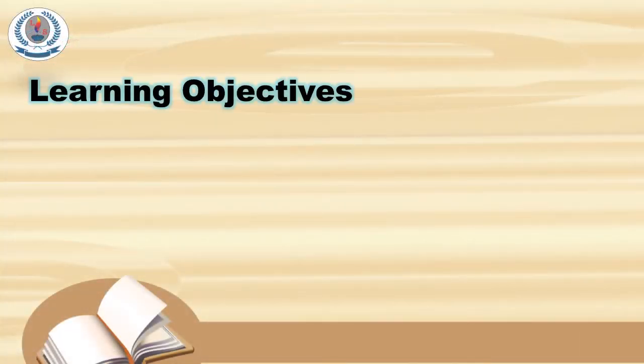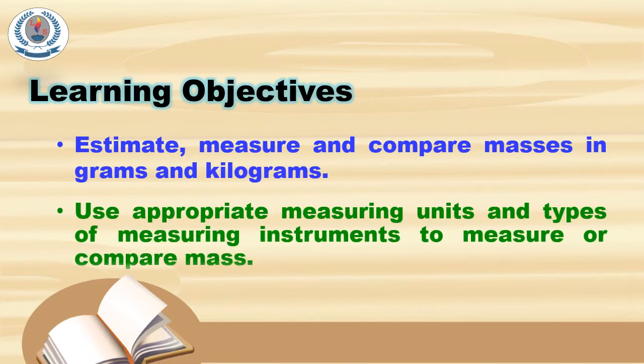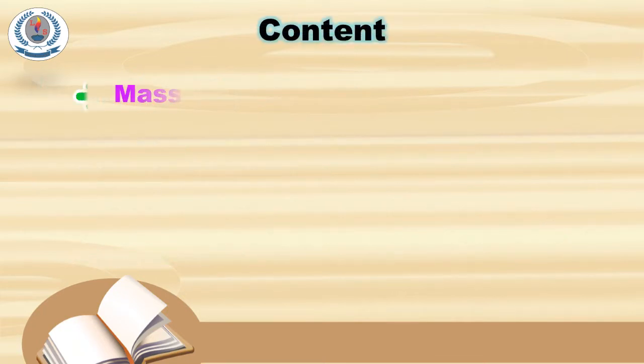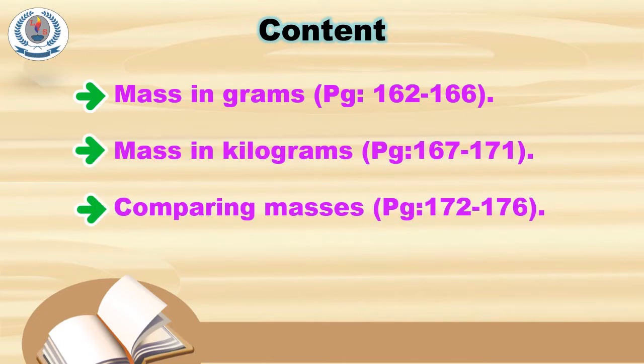Objectives of the presentation are to estimate, measure and compare masses in grams and kilograms, and to use appropriate measuring units and types of measuring instruments to measure or compare mass. Content: mass in gram, mass in kilogram, comparing masses.